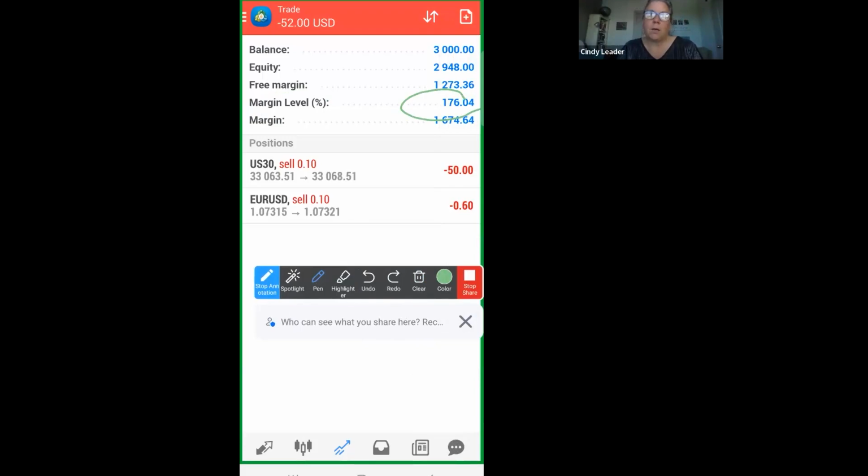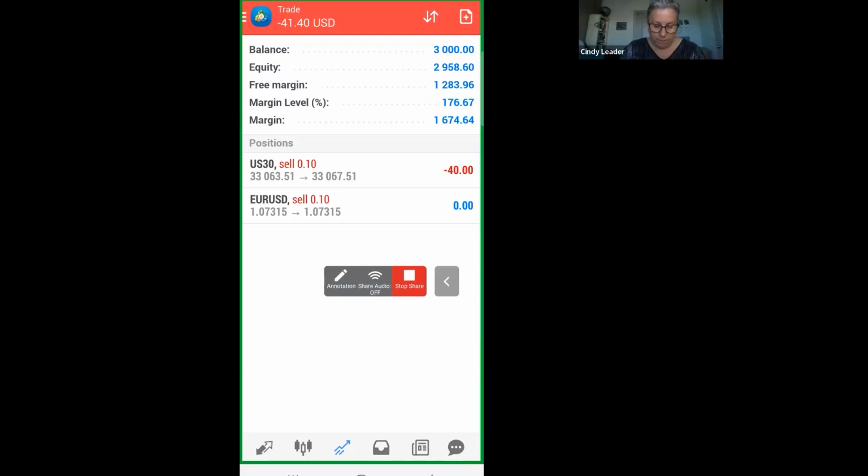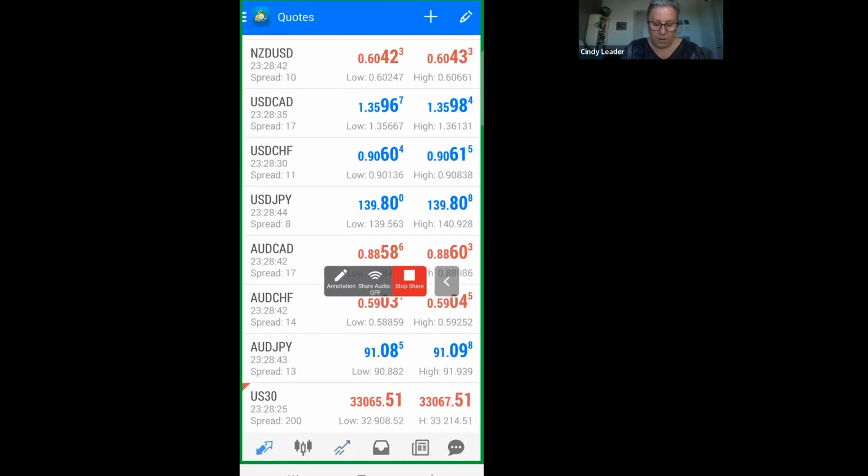So people are like, I entered the lot size I normally do. But if it's a different pair, if it's Forex versus indices versus metals versus crypto, it's not the same lot size. So you want to be cognizant of that. And if you're unsure, always go back and take a look at that contract size.